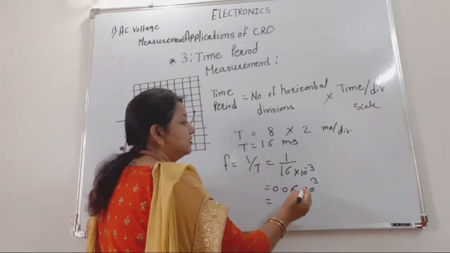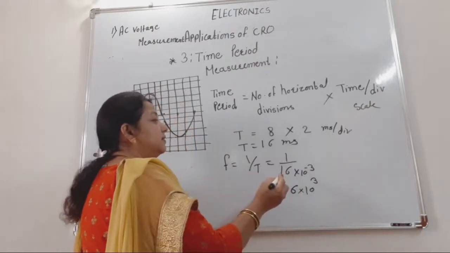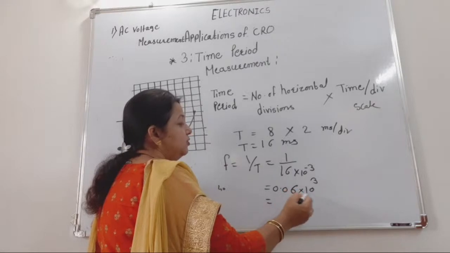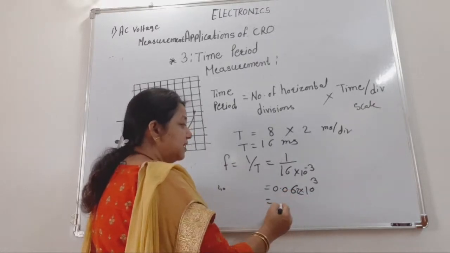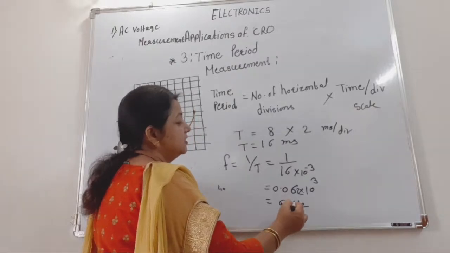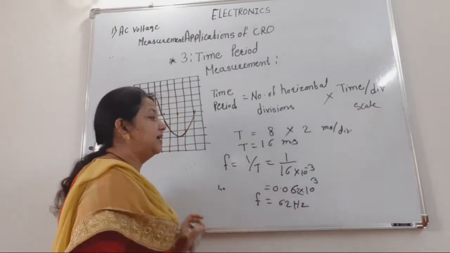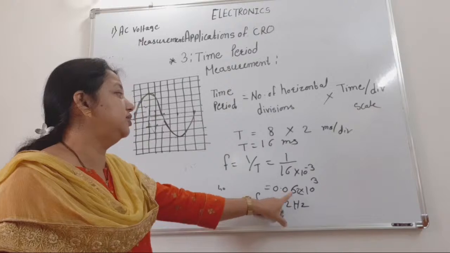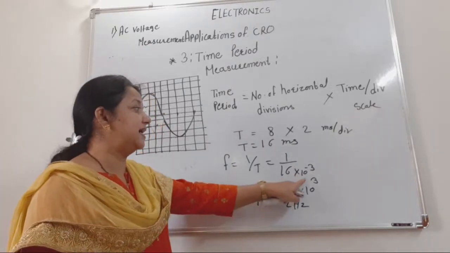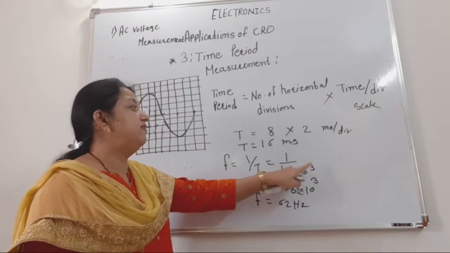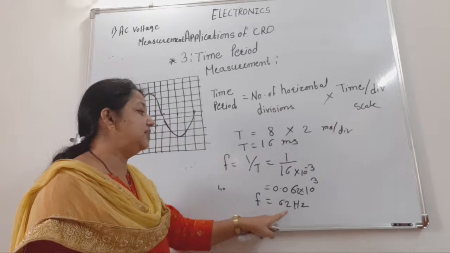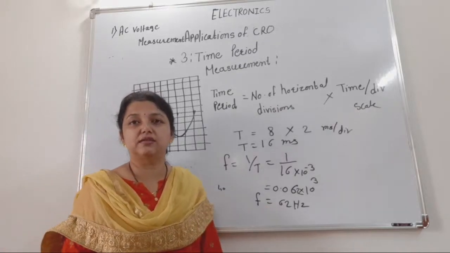Therefore, 62.5 hertz is the frequency, or you may write 0.0625 kilohertz. So remember this millisecond 10 raised to minus 3: whenever it is in the denominator, it becomes 10 raised to plus 3, and F is equal to 62.5 hertz. Okay?